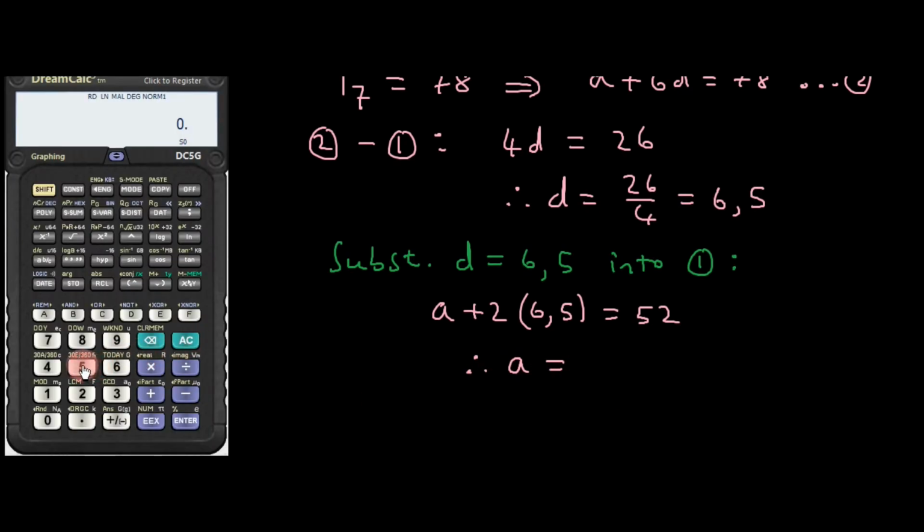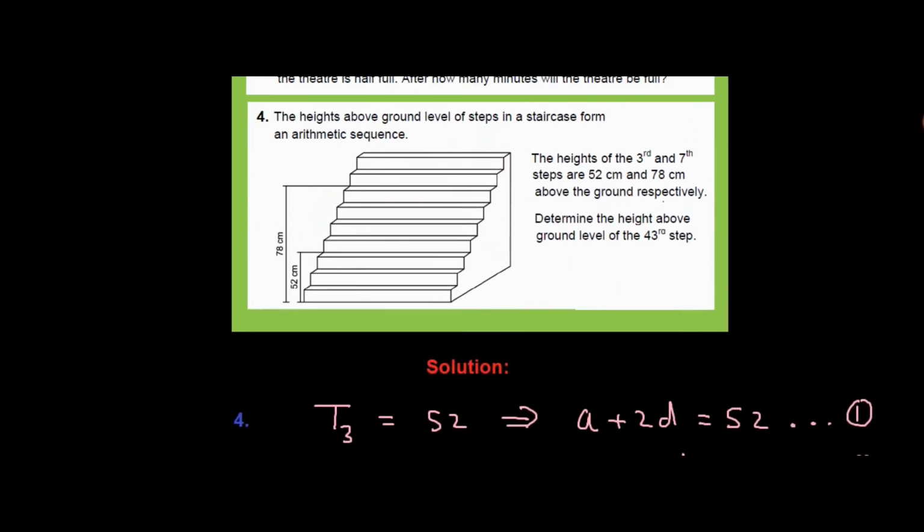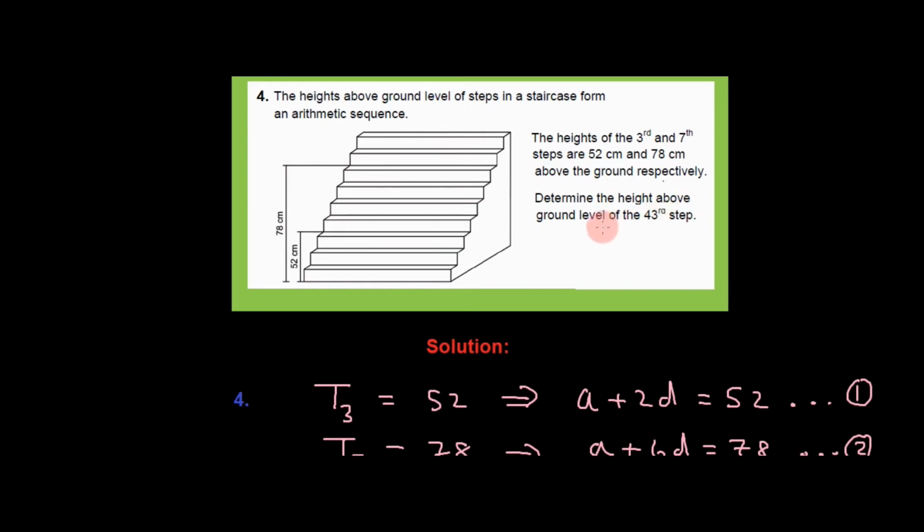So it's going to be 52 less twice 6,5, which is 39. So a is 39.